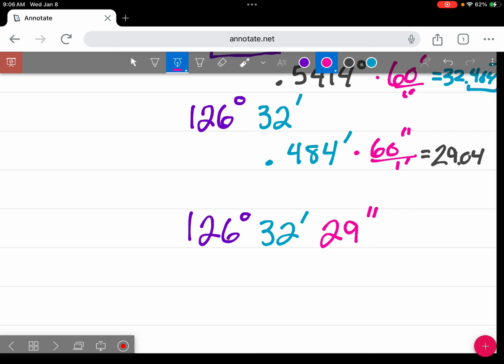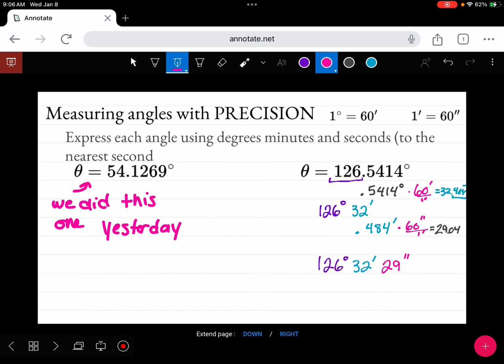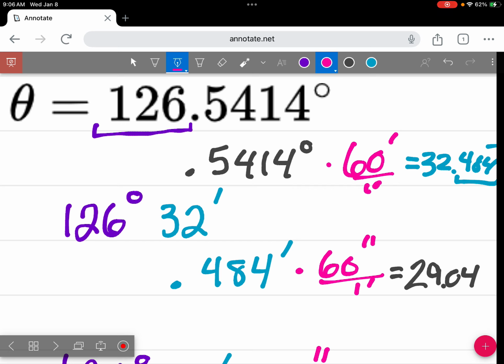Why did you multiply by 60? Because our 1 degree is 60 minutes, and 1 minute is 60 seconds. So if you think of it as a unit conversion, it's 60 minutes to 1 degree, 60 seconds to 1 minute, just like if I did feet to inches. 1 foot is 12 inches.